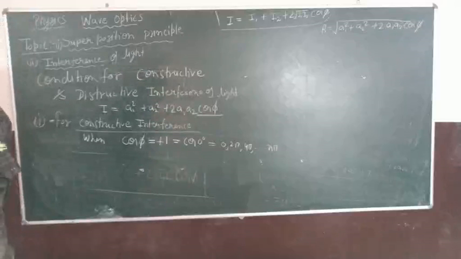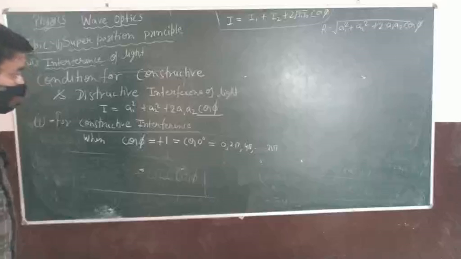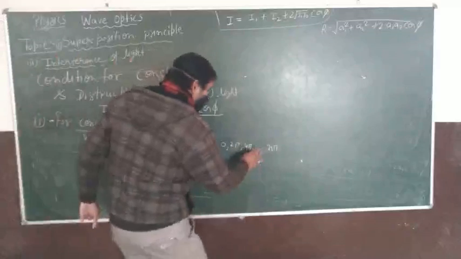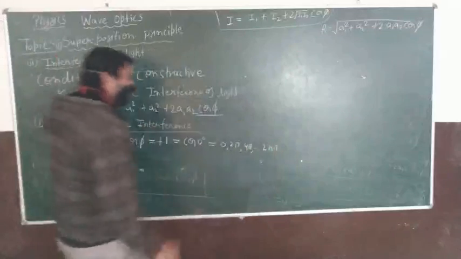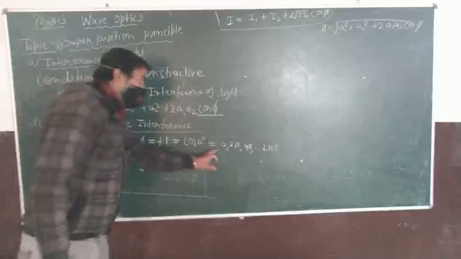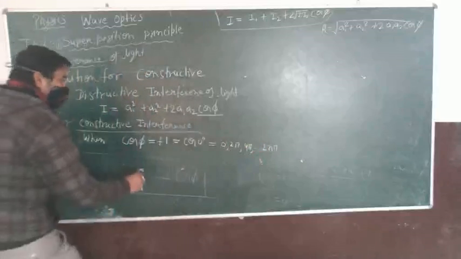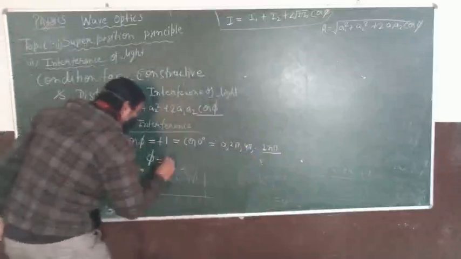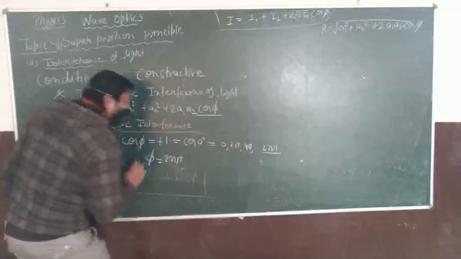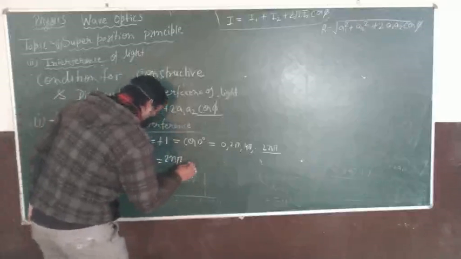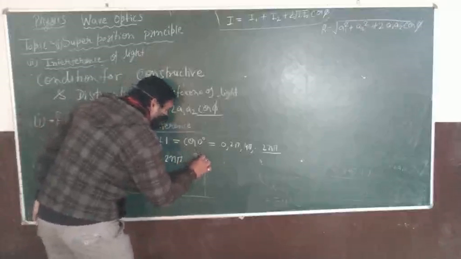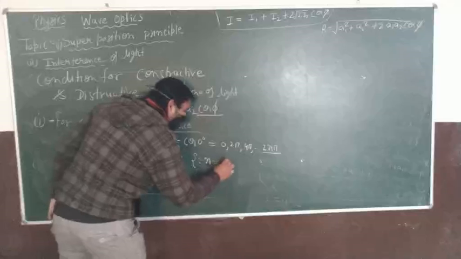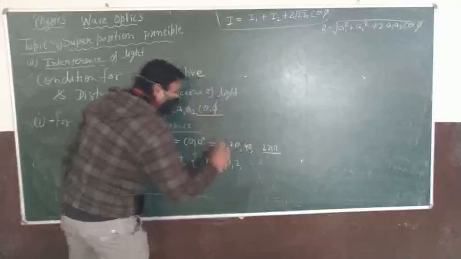So phi is 2n pi, which is a multiple of 2 pi, for any value of n: 0, 1, 2 and so on.